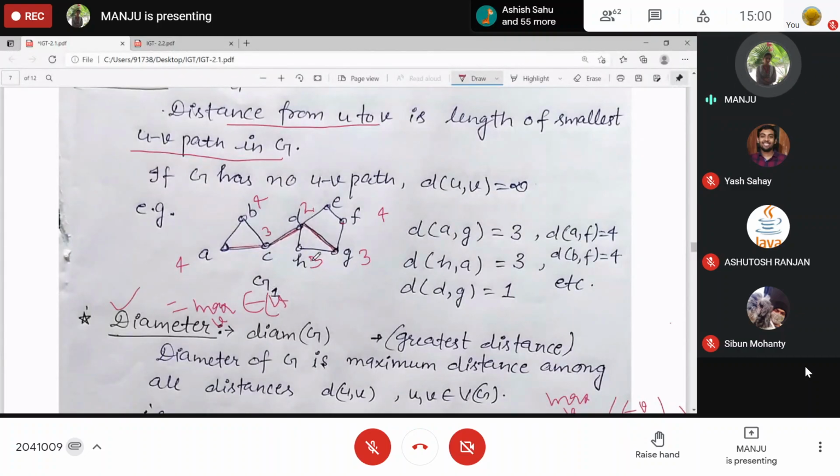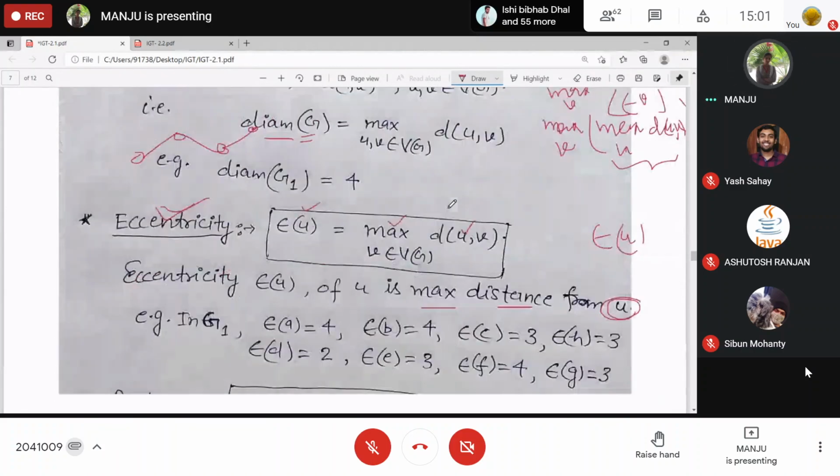So here what maximum eccentricity is coming? 4, no? And 4 is the diameter, the maximum distance. And the minimum eccentricity will give you the radius. So here what will the radius be? 2. Okay, diameter 4, radius 2. Just don't do 4 by 2 is 2, that happens only in the case of a circle.